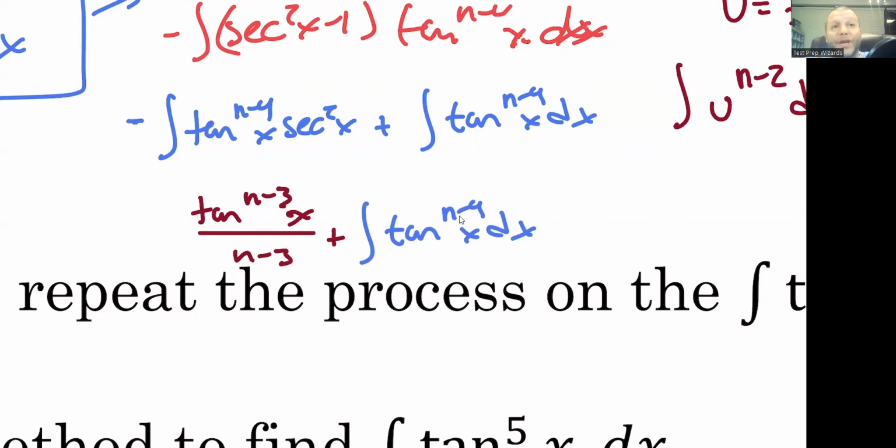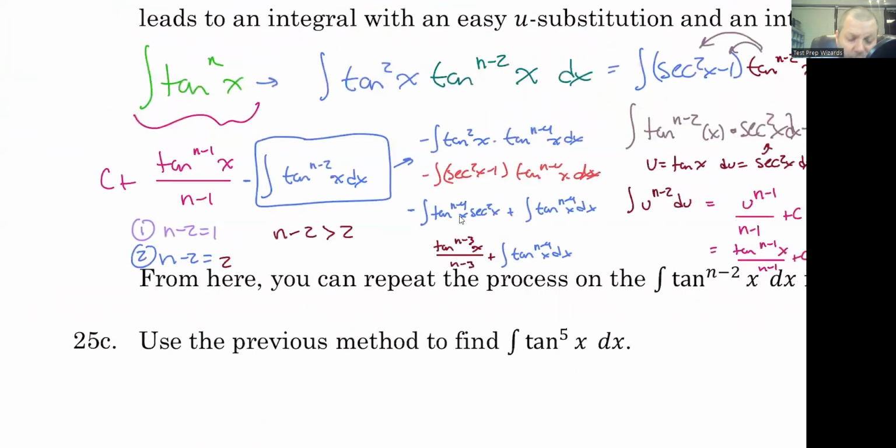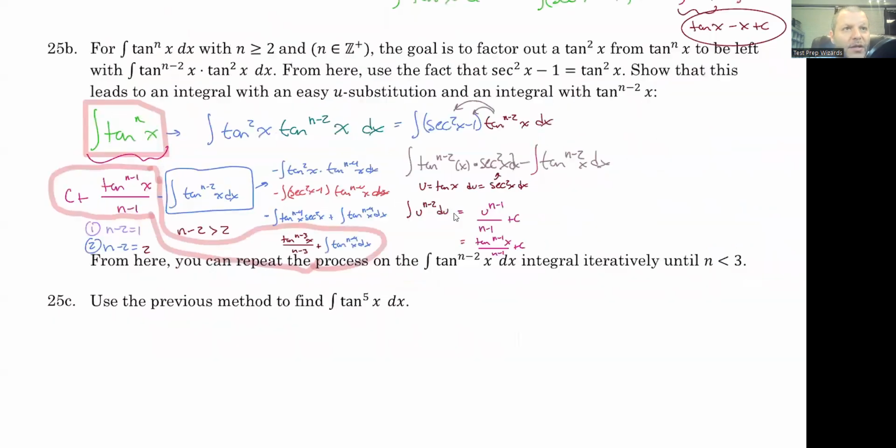If n minus 4 is greater than 2, we just keep repeating the process over and over. So we've shown that this integral is equal to some constant plus this, plus this, plus this, and this will go on until you reach the end, that is either a 1 or a 2, and you're done.